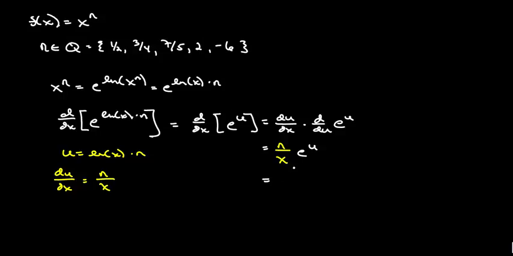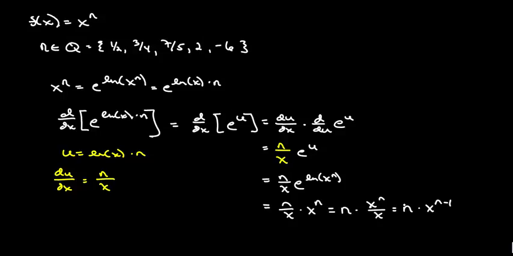Well, we know e to the u is equal to e to the natural log of x to the n, because that's what u is equal to. And we know that this right here is equal to x to the n. And so what we have is n times x to the n over x, which is n times x to the n minus 1.